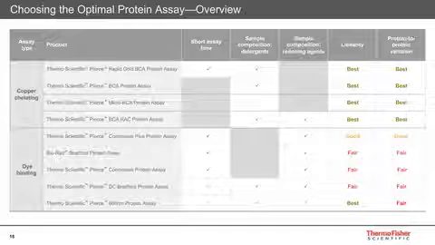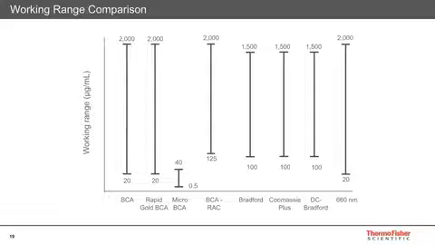In general, copper-based assays are good for samples with detergents. In general, the dye-based assays are good for samples with reducing agents. The best linearity and low protein-to-protein variability in general is obtained with copper-based assays compared to the dye-based assays.